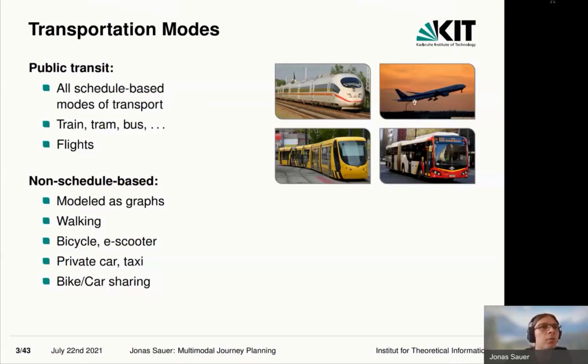But for now, we will call everything that is schedule-based public transit, and everything else we will deal with in a different manner. So we have trains, trams, buses. We might also want to consider flights.